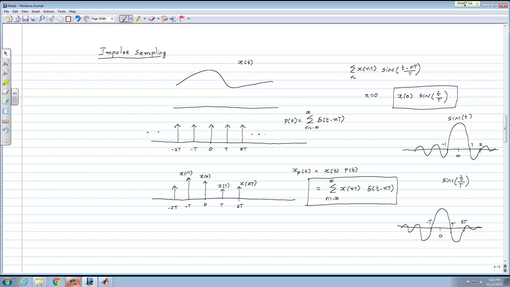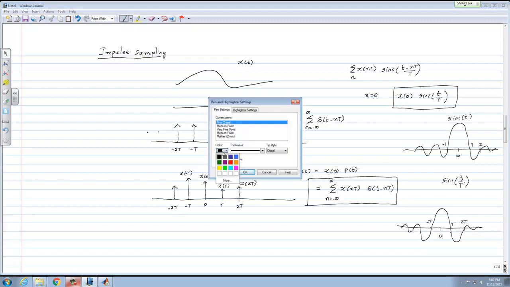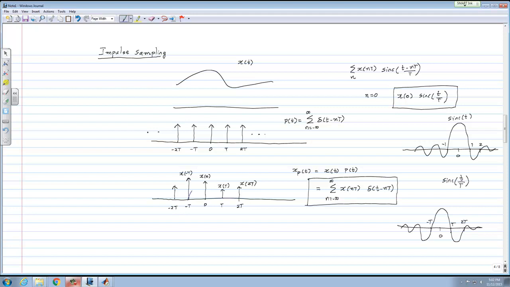So here is x of, let me try to draw this in blue. So what that's saying is this. Here is one of the terms from the summation, because it's x of 0 times a sinc function. Okay.